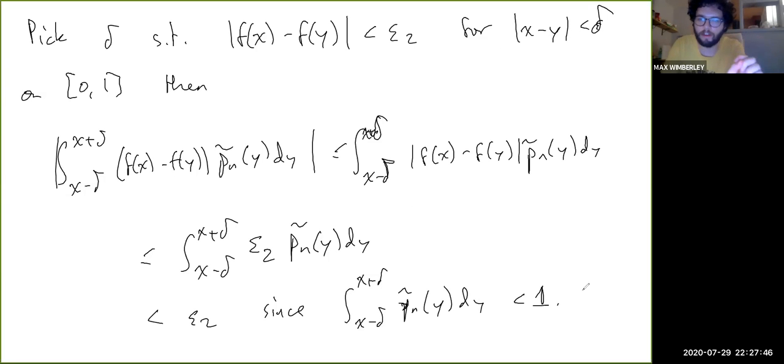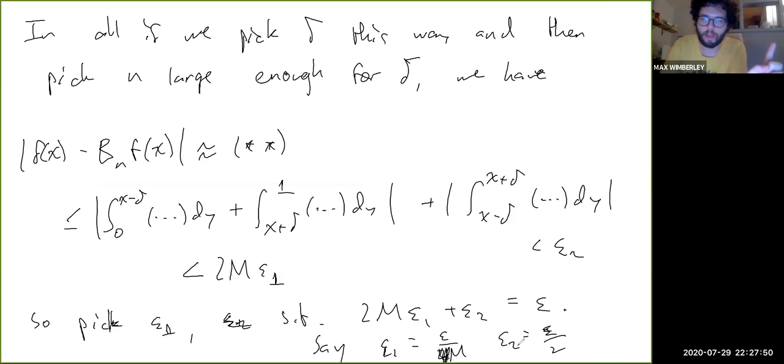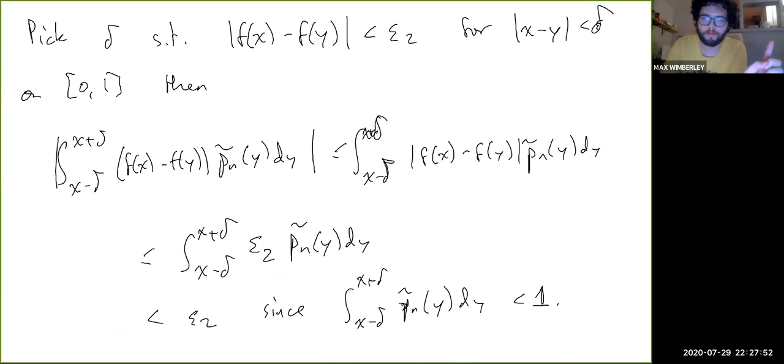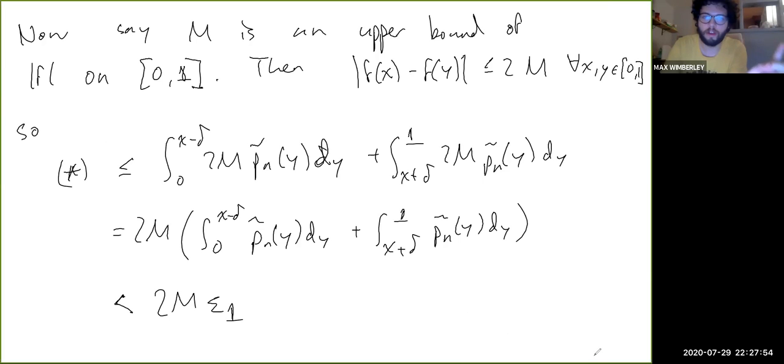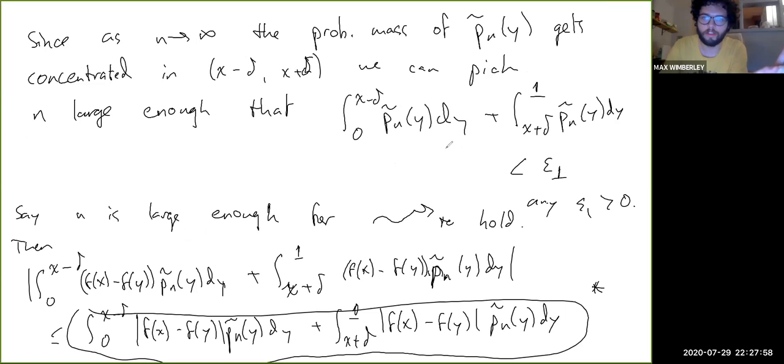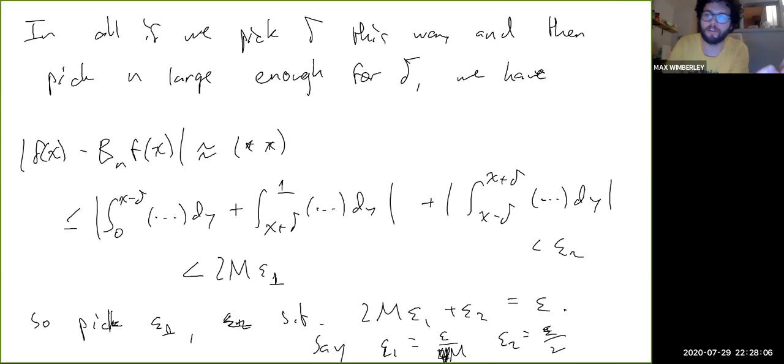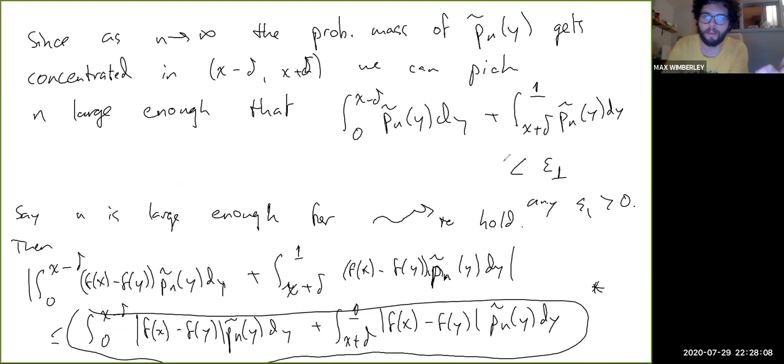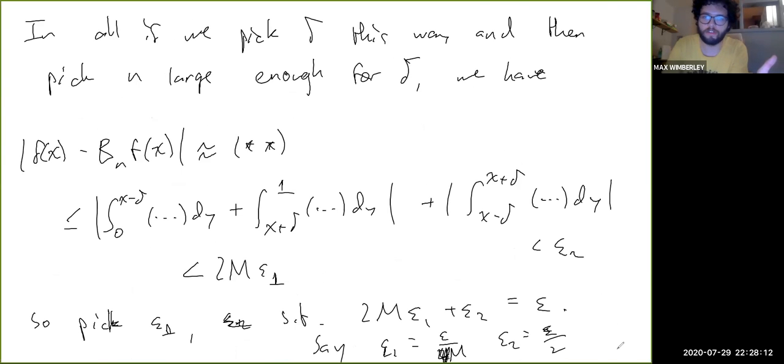Then once you have that delta, pick capital N so that the total area here is less than epsilon 1, where epsilon 1 is now epsilon over 4 capital M. If you pick capital N that way, then all of this should work out.